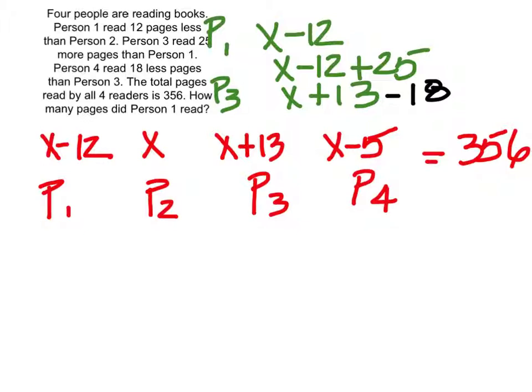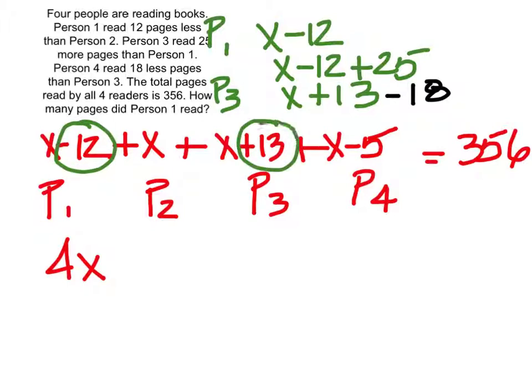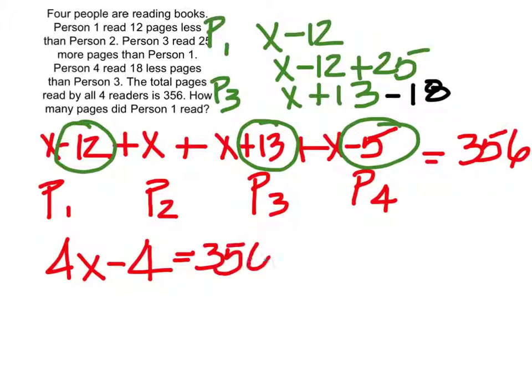Okay, so we need addition in here, and we have 4 X's. And then we're going to do negative 12 plus 13 is 1. 1 minus 5 is negative 4, so we put in minus 4. That minus 4 must go to the right side and become plus 4.